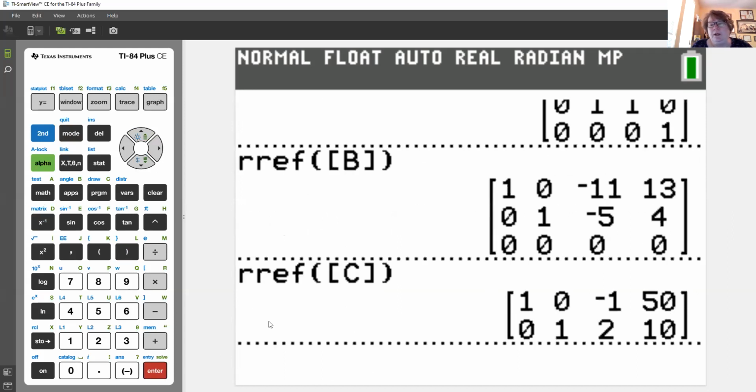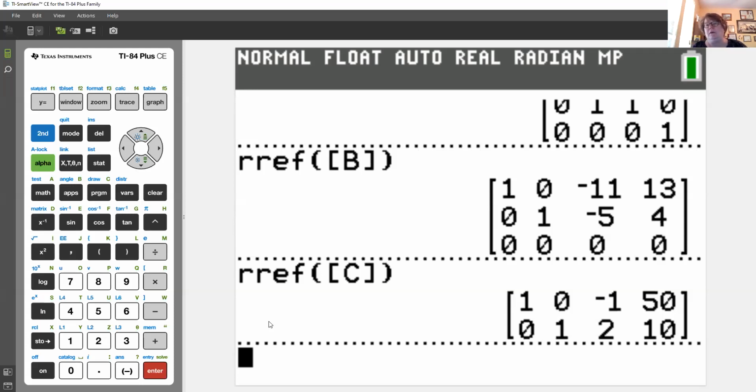All right, so here is as best my calculator can do to get this in Gauss-Jordan elimination. It can't be in reduced row echelon form perfectly because it's a dependent system, so it's not going to work. But I do have 1, 0, negative 1, 50, 0, 1, 2, 10. So I can solve this system.